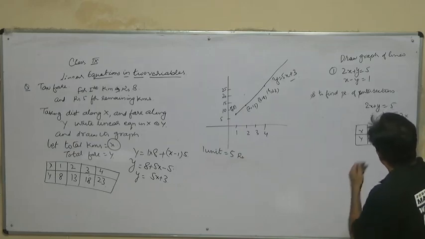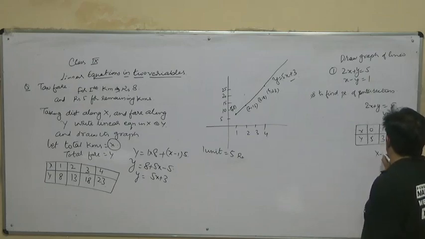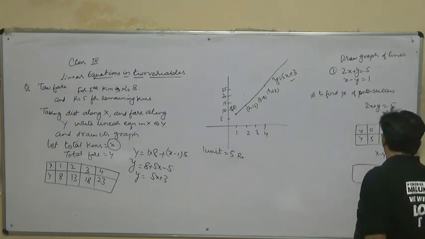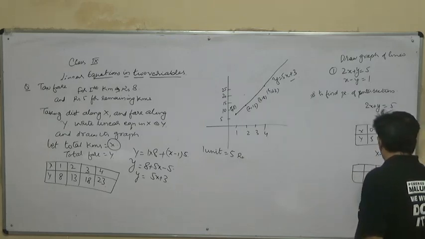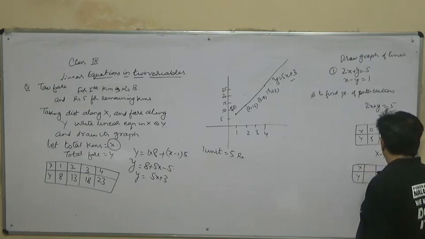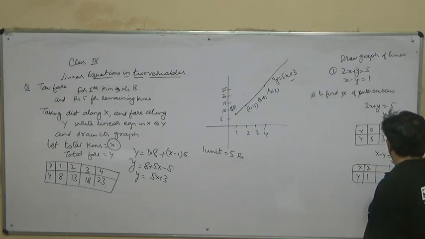For second also we can write it, x minus y is equal to 1, and x will be equal to 1 plus y. When y is 1, x is 2. When y is 2, x is 3, y is 4, x is 5.